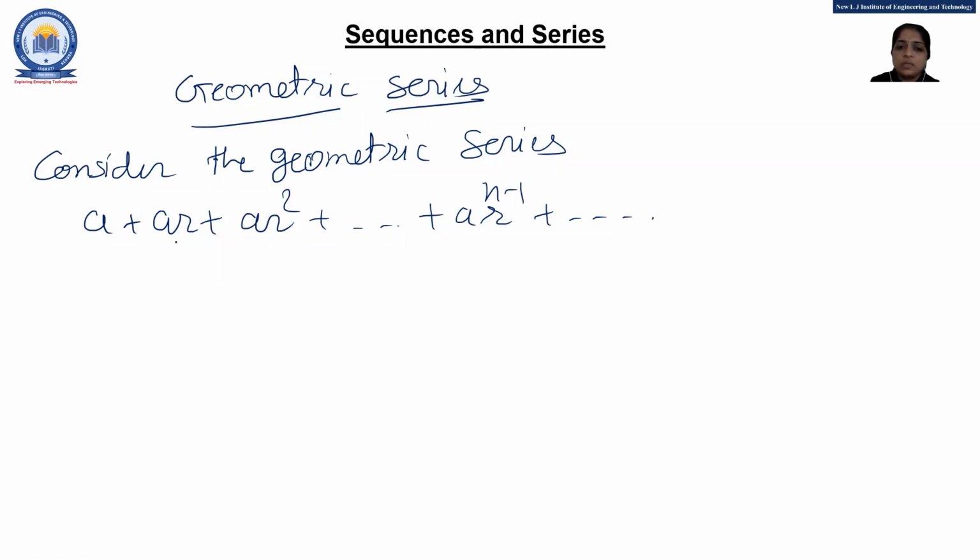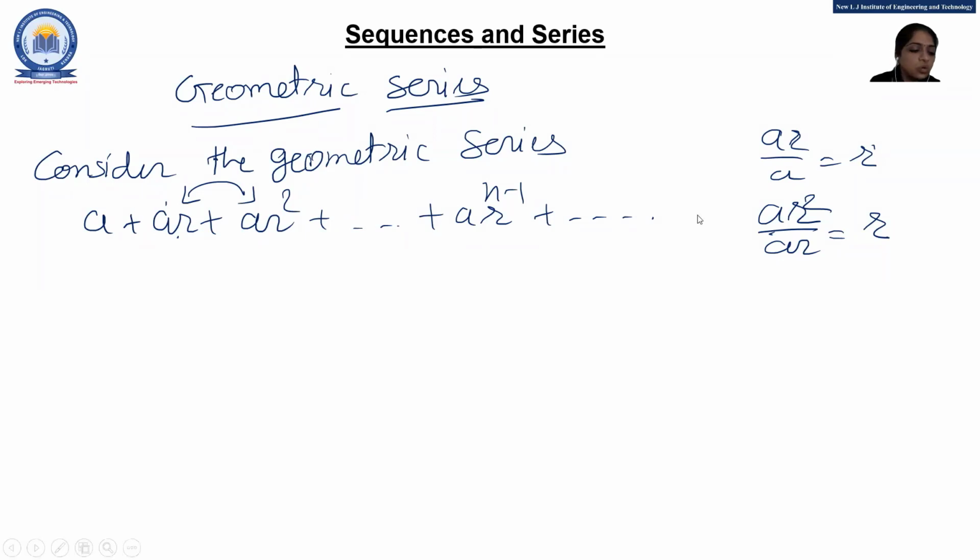The ratio between any two consecutive terms is the same. Here the ratio AR upon A is R. Similarly, the ratio between these two consecutive terms, AR square upon AR, is again R. Similarly, the next term is AR cube, so AR cube upon AR square is R. So here the ratio is constant. That type of series is known as a geometric series.